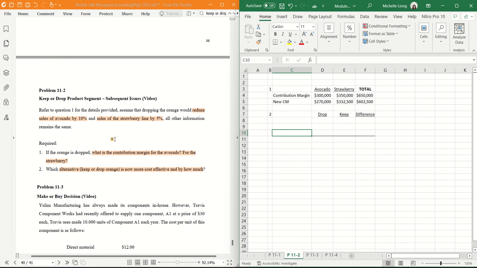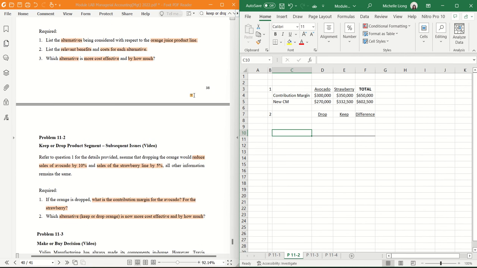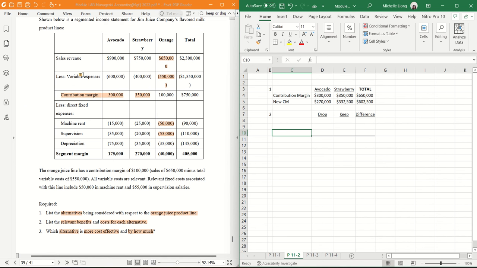Which alternative, keep or drop? Okay, so do we need to keep it or do we need to drop it? Since the sales and variables, the variables is still remains the same, we will continue from the contribution margin. So new contribution margin. Meanwhile, your machine rent will still go on and you need to count it with your supervision. And we get the segment margin.